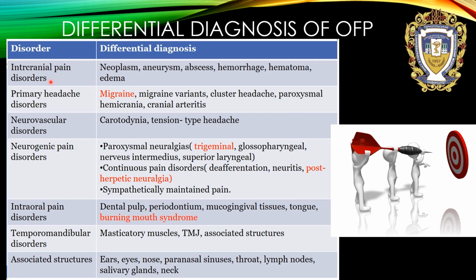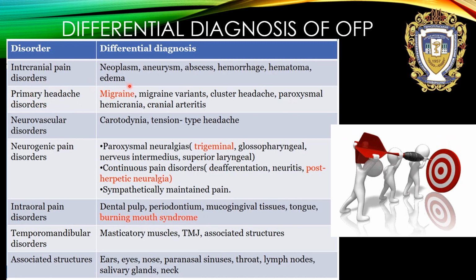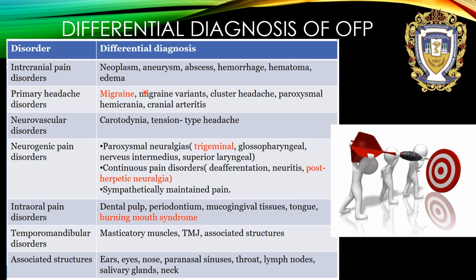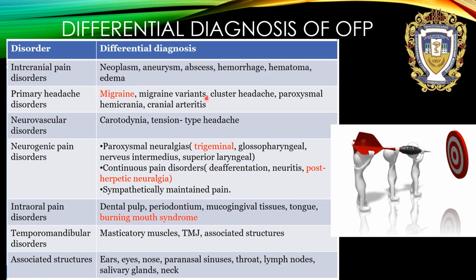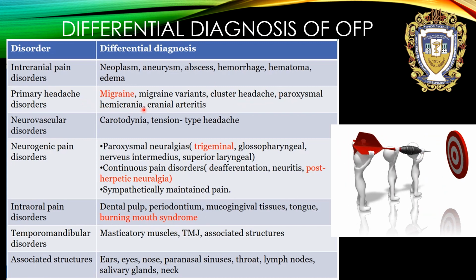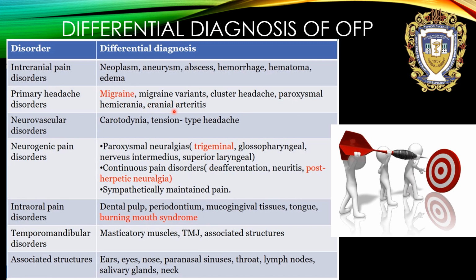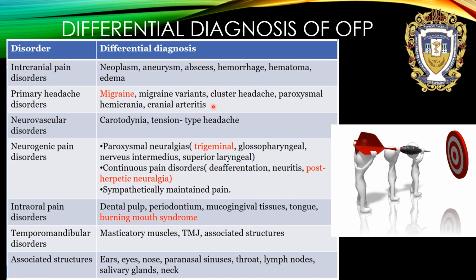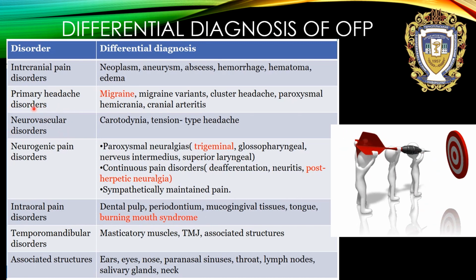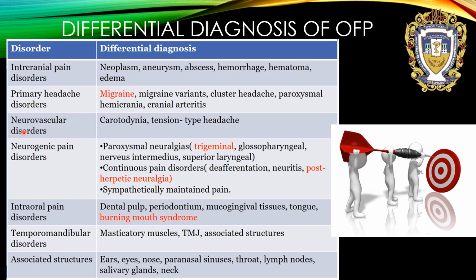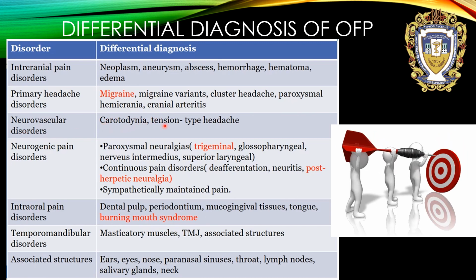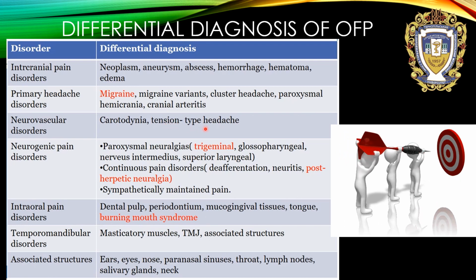Primary headache disorders must be differentiated between migraine variants, cluster headache, paroxysmal hemicrania, and cranial arteritis. Then different types of neurovascular disorders. We need to differentiate between carotidynia and tension-type headache.